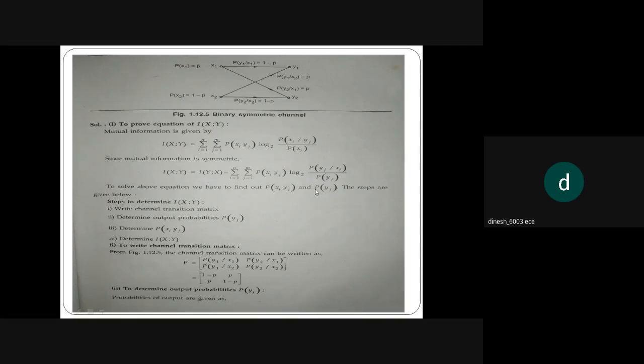So we have some unknown things that we need to find out. Those are p of xi yj and p of yj. So how do we determine them? This is your procedure, the steps to determine these things.